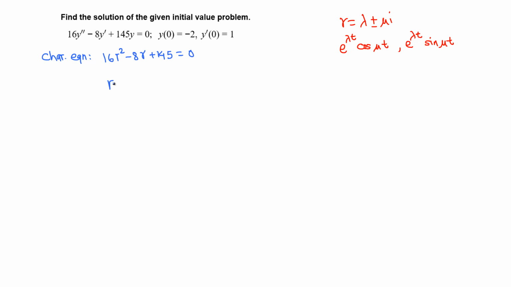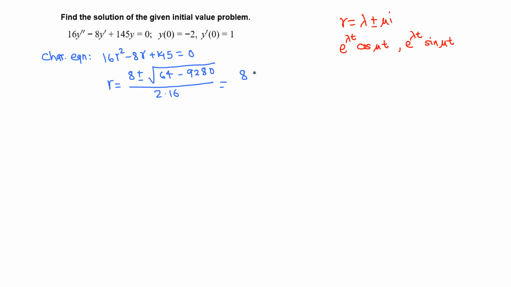So r is negative b, negative of negative 8 is 8, plus minus square root of b squared. Negative 8 squared, that's 64, minus 4 times a, 16, times 145, that's 9280, over 2a, 2 times 16, 32.